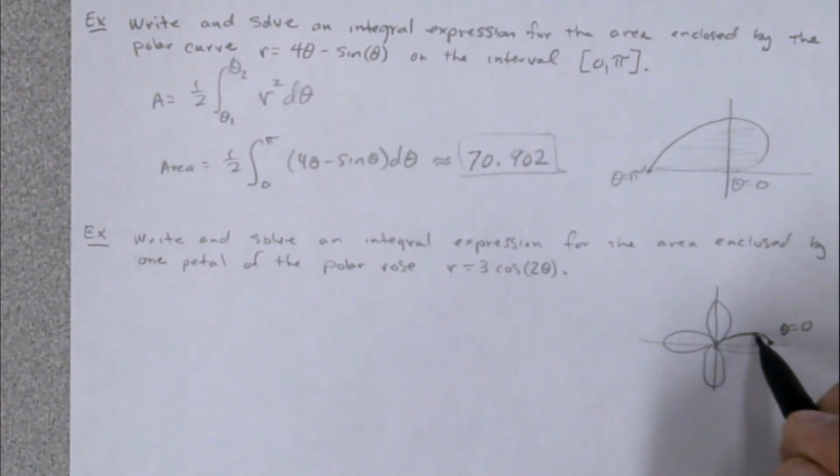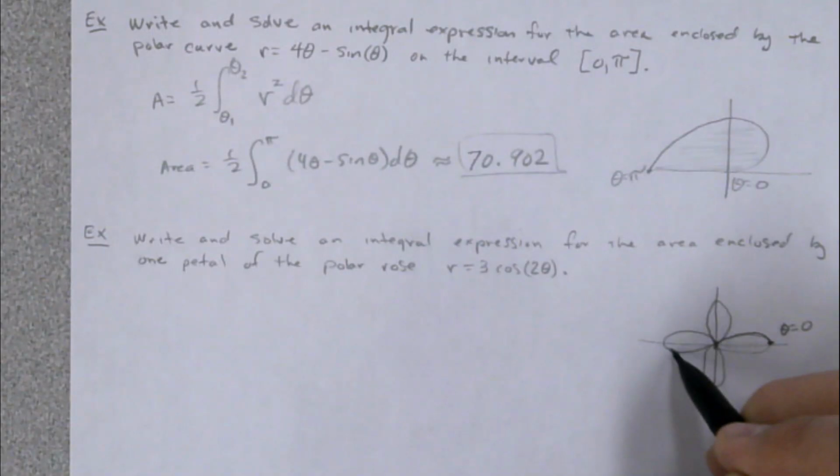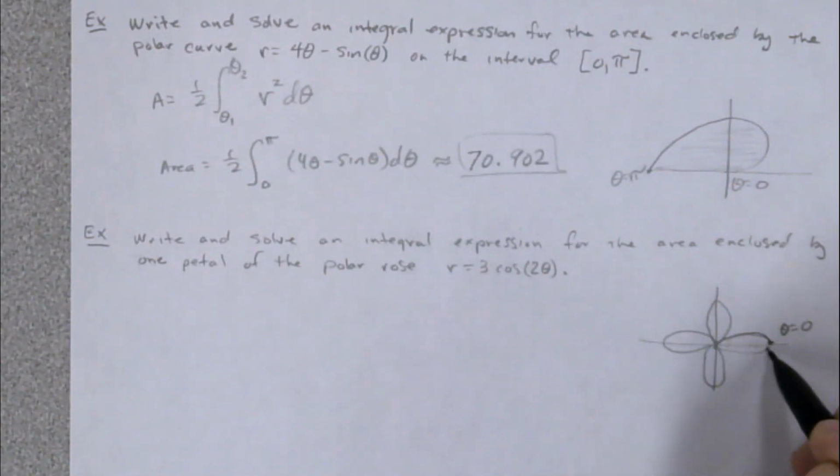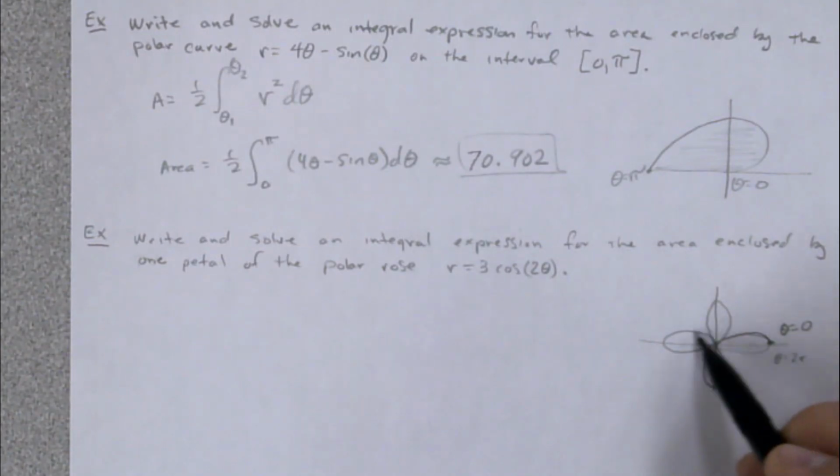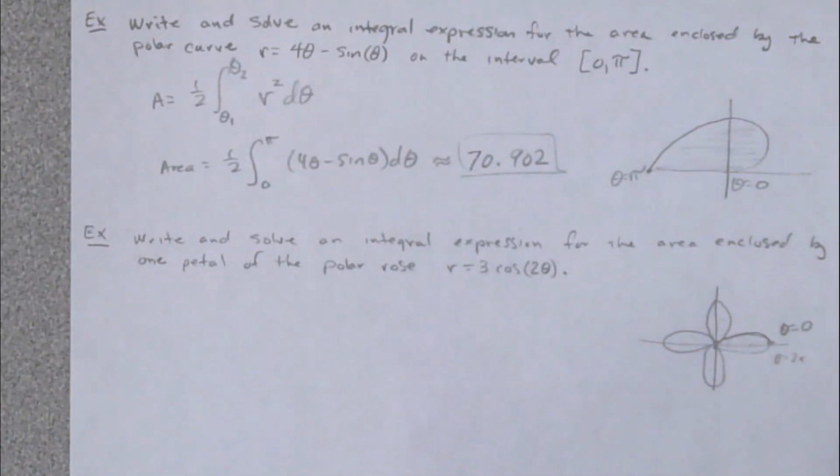It will go all the way around this circle, just like I drew it, in this little spiral fashion, and end right here at theta equals 2 pi. So I can go from 0 to 2 pi. And when I do, I'm going to get the area of all 4 petals. Since I only want one petal, I would have to divide my answer by 4.